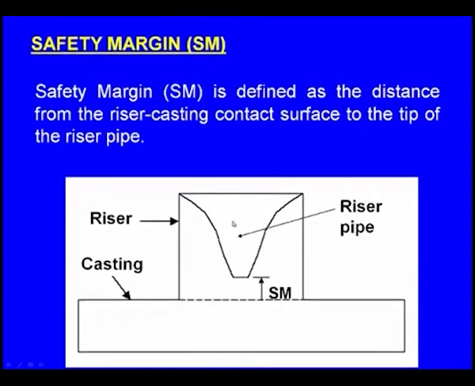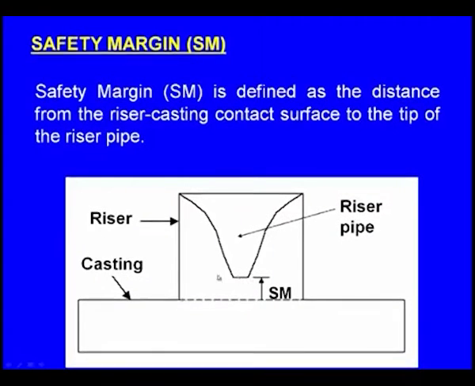It means that from this riser, only this much length is utilized for feeding the casting. The length from the surface of the casting to here is not involved in the feeding of the casting.